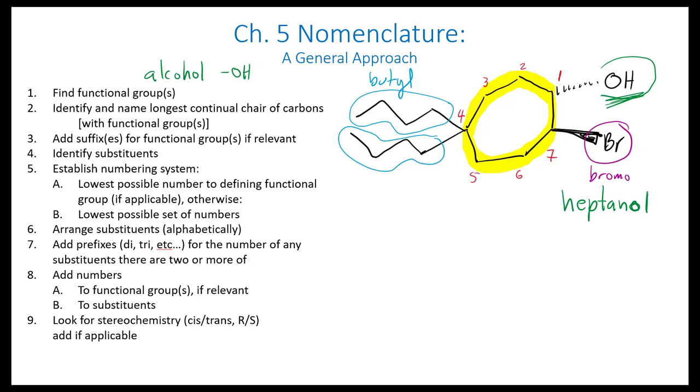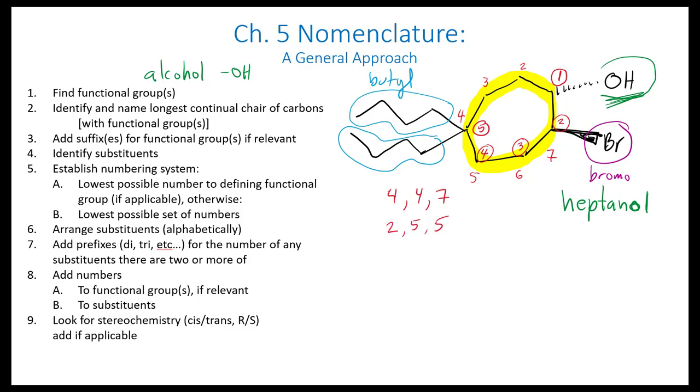That would put substituents at 4, 4, and 7. Or if we number the other direction, we'd have 1, 2, 3, 4, and 5. And so our numbering systems for the substituents would be 4, 4, 7, or 2, 5, 5.